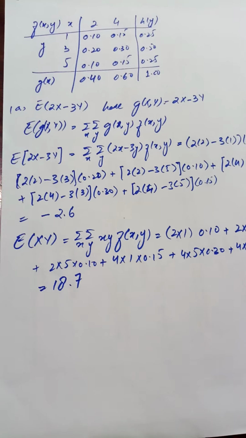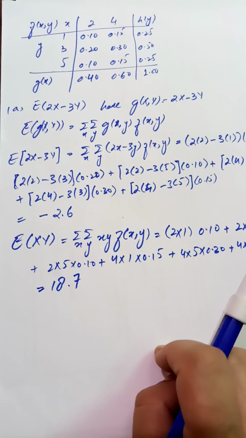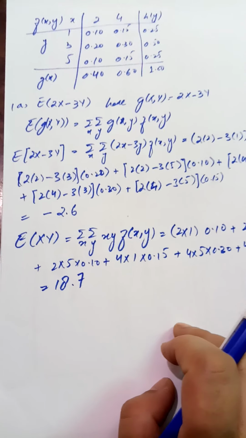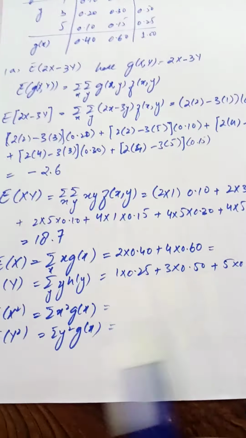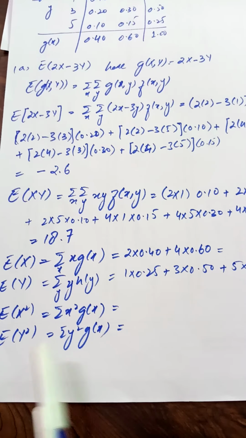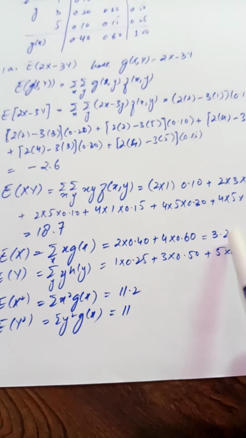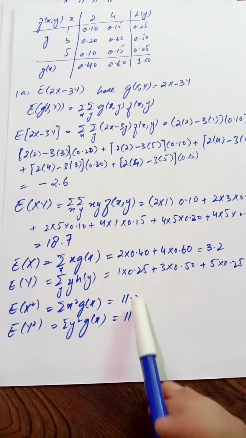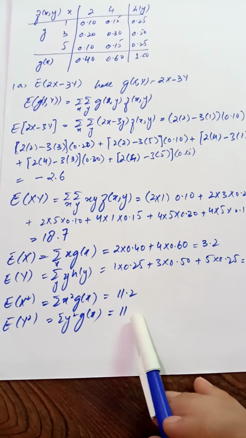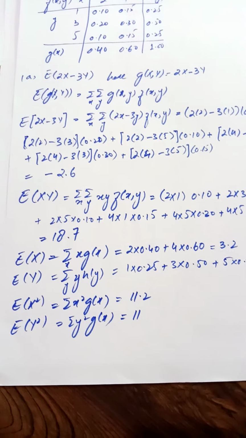Now we will compute the expected value of x, the expected value of y, and then we are going to practice covariance and variances. So here we have computed the expected value of x, expected value of y, expected value of x square, and expected value of y square. We got expected value of x 3.2, expected value of y 3, expected value of x square 11.2, and expected value of y square is 11. Now we can compute covariances and variances.